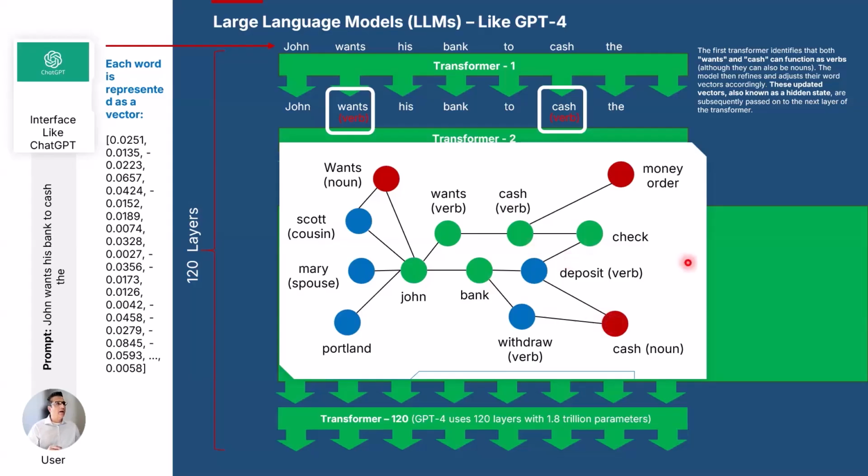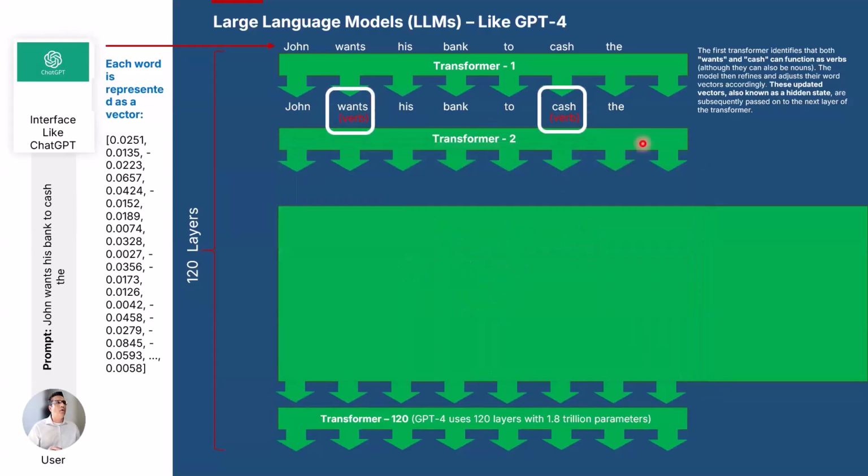So then it zoned in on those two words, wants and cash, and it determined that this wants must be the verb and this cash must be the verb as well. So at that point, it determined that these two words are not nouns, these two words are verbs.